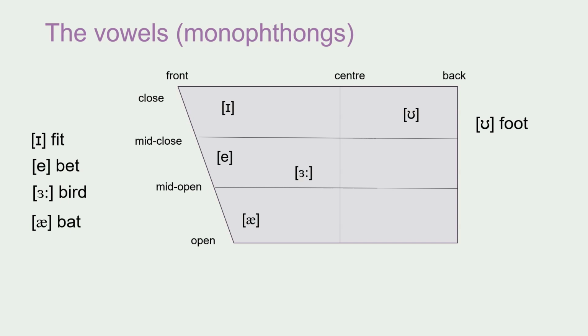Slightly further down and perhaps a little further back, we've got the O vowel. Both of these vowels are short. O is in words like lot, cot, etcetera. Now, slightly further down and towards the center again, we've got the vowel in but.